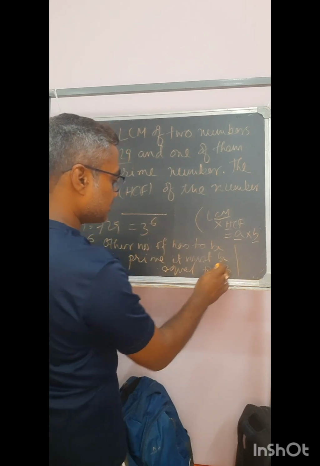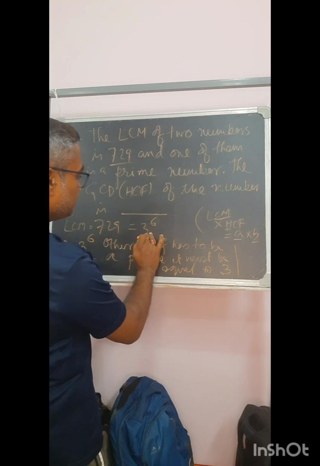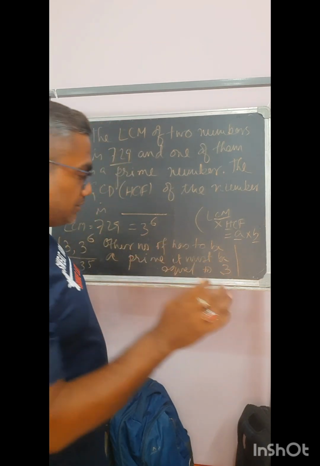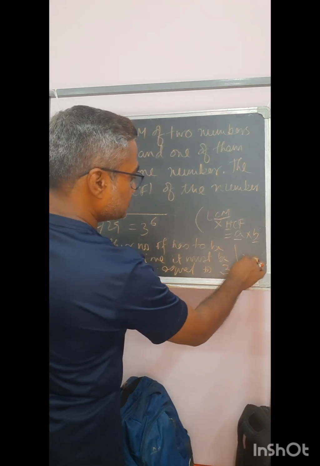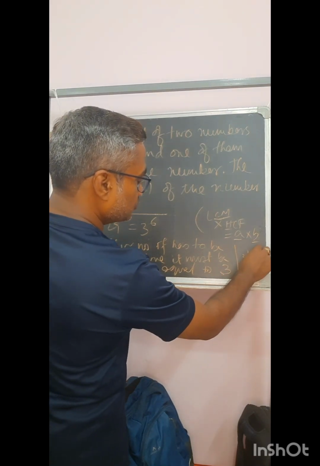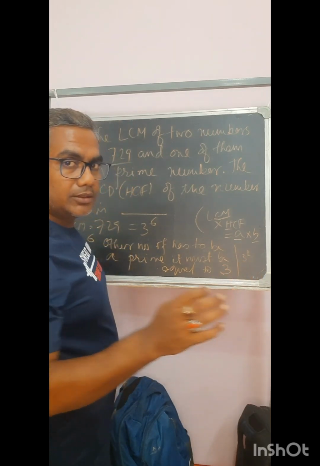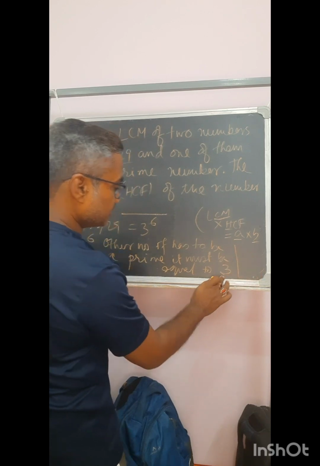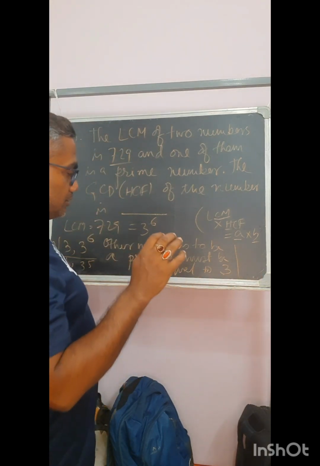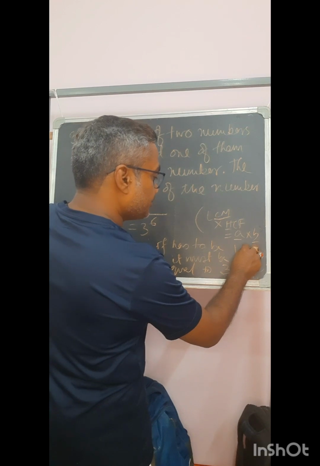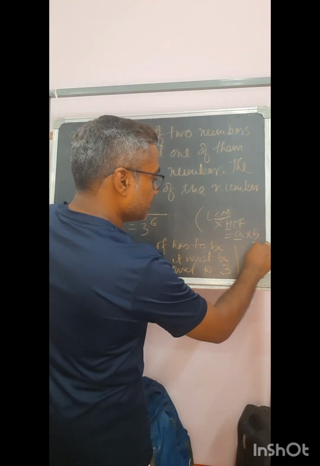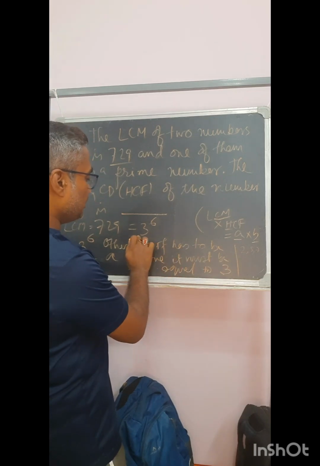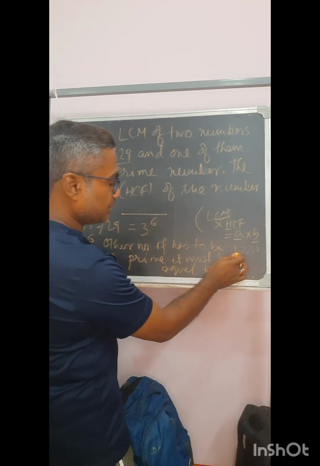So the only numbers that can be available are 3 or powers of 3, but as a prime number, only 3 to the power 1. Any other power will not be a prime number. So the only thing possible is 3. You get my point? If I take any other prime number, let's say 2, 5 or 7, it won't give a combination where only the one factor 3 comes.